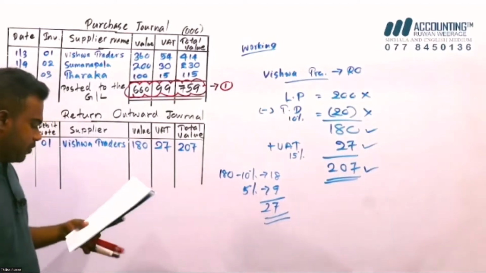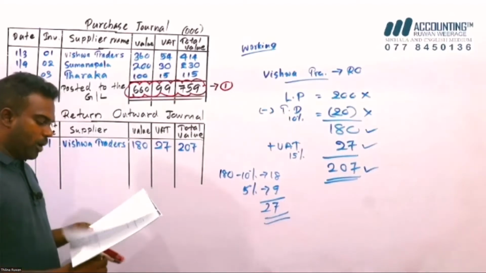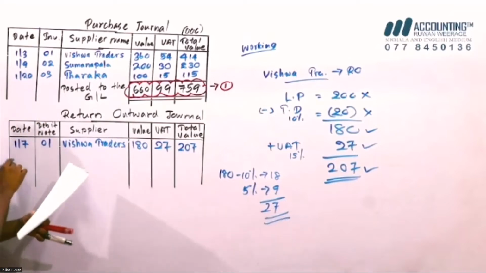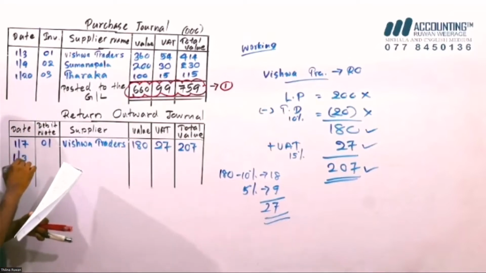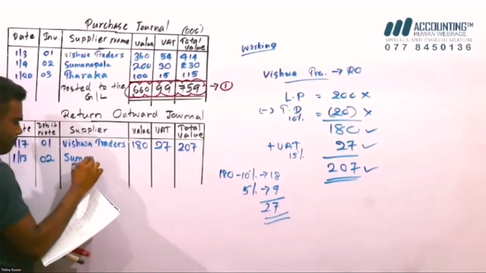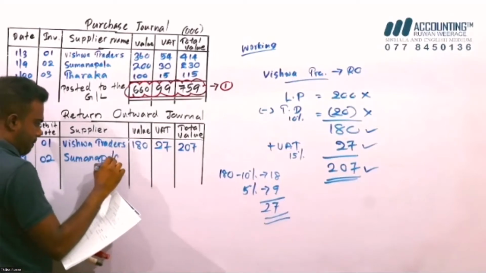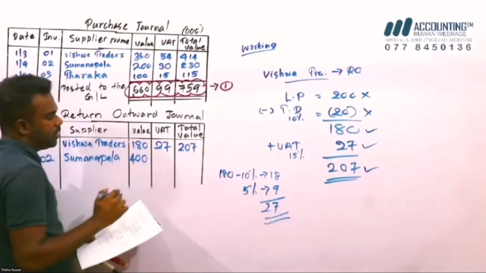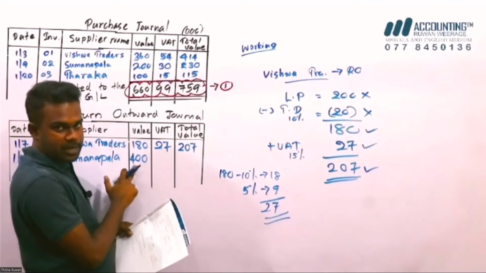Then next one, Sumanapala and Sons, no additional information. You can just write 13 to Sumanapala. 400. Right, calculate the 15% from 400.